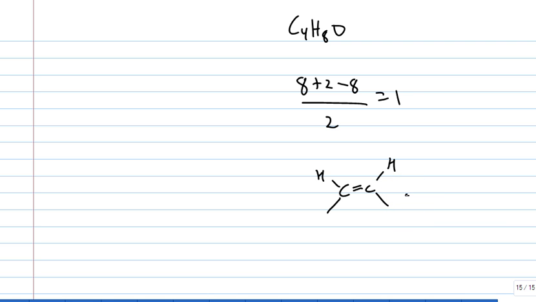Now let's look at the splitting too. 3 hydrogens, and it's a triplet, so it must have 2 neighbors next door. So I'm guessing these two go together, so it must be a CH3 and a CH2.